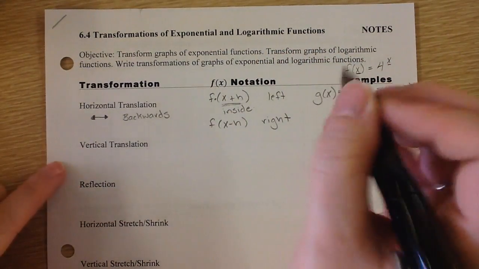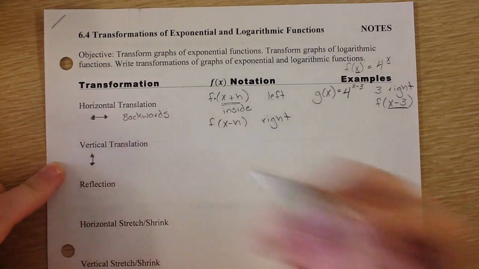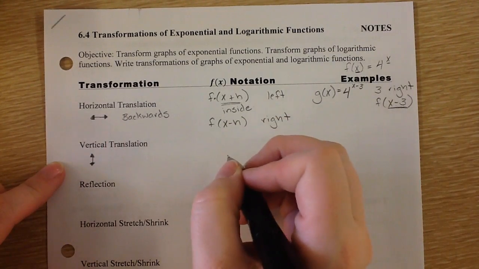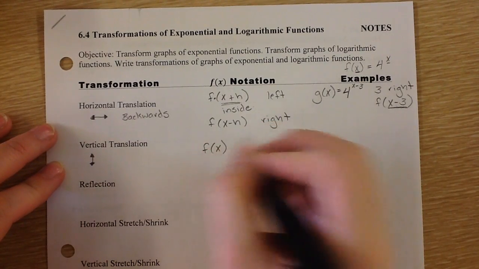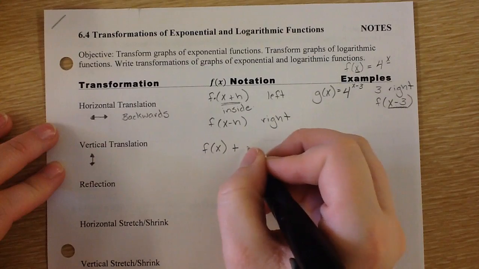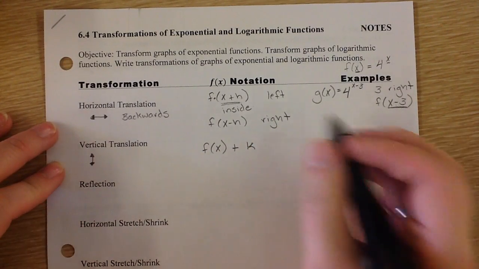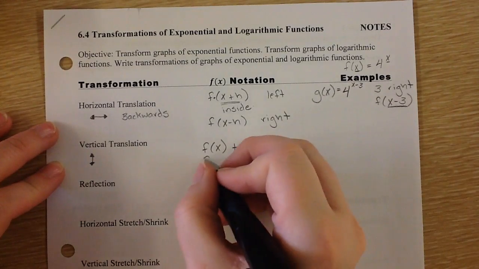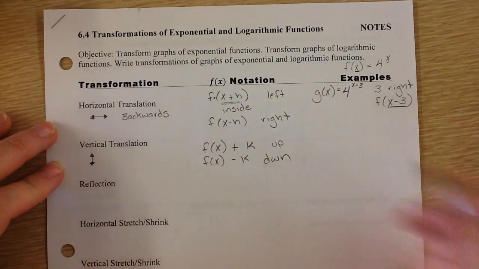Okay, now vertical translation, up and down. This happens outside of the function. I take the number and add it to the outside. So I would take my f of x and either add or subtract my k on the outside. Adding k moves it up. Subtracting k moves it down.